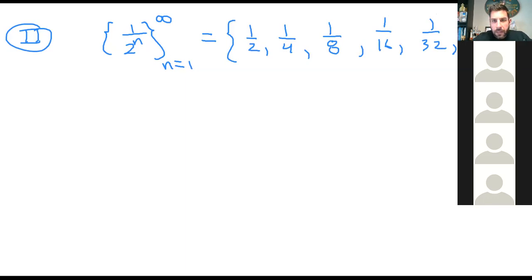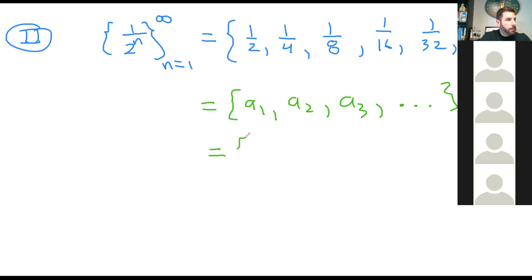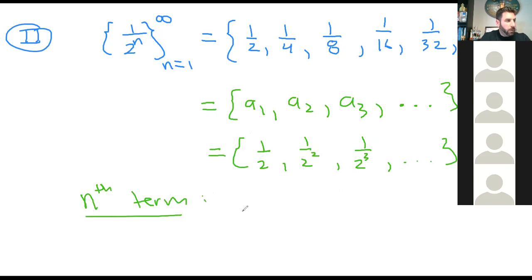So if we play the same game we did before, and you want to think about this from a more abstract point of view, this is a sub 1, a sub 2, a sub 3, etc. And this is 1 over 2 to the 1, 1 over 2 squared, 1 over 2 cubed. And here the nth term. What is the nth term? The nth term, a sub n, is just 1 divided by 2 to the power n.